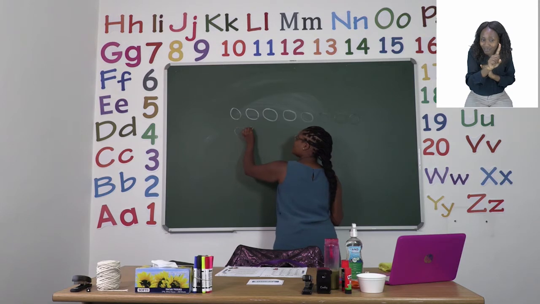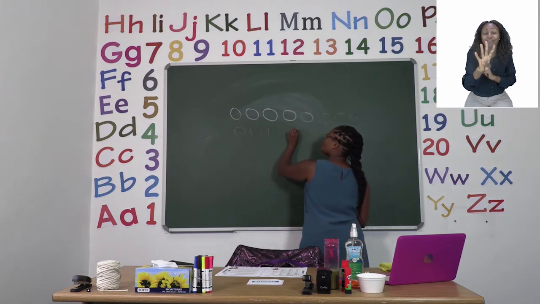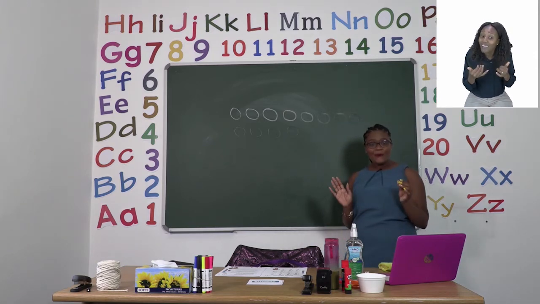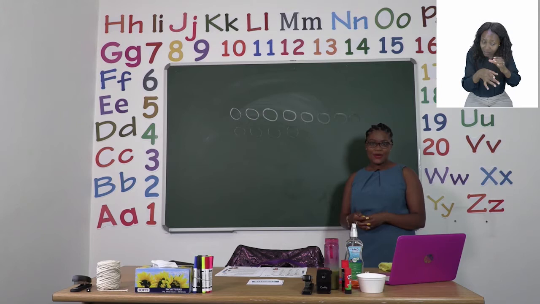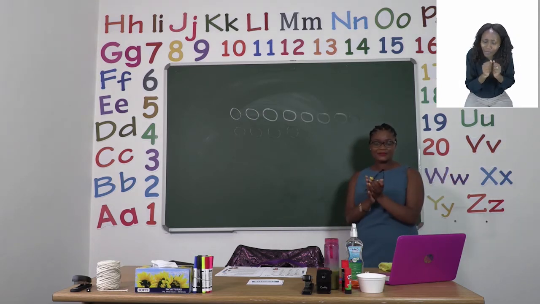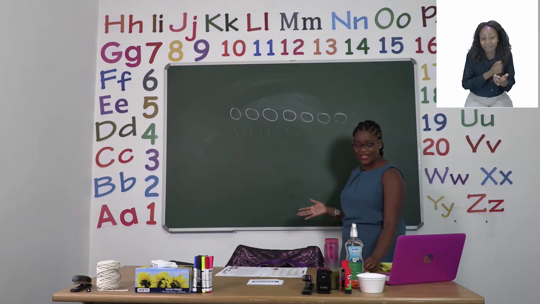1, 2, 3, 4. Now that we have all the eggs we need, we put them together to find out how many they are all together that she will use. Let's go.